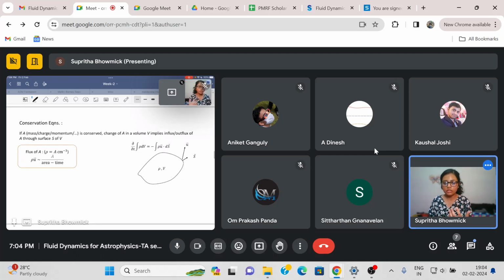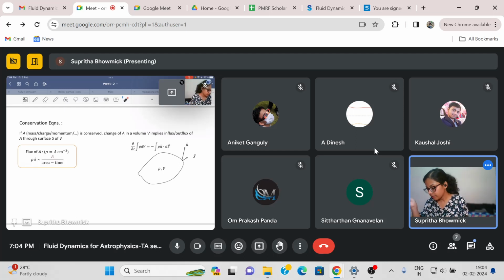The flux of a quantity A is basically given by rho times U, where rho is the volume density of the quantity A. So A per centimeter cube, let's say, would be rho. And the flux of A that goes out per unit area per unit time is given by A divided by the area times the time for the flow of this quantity A. And that is given by rho times U, where U is the velocity vector of this flow.